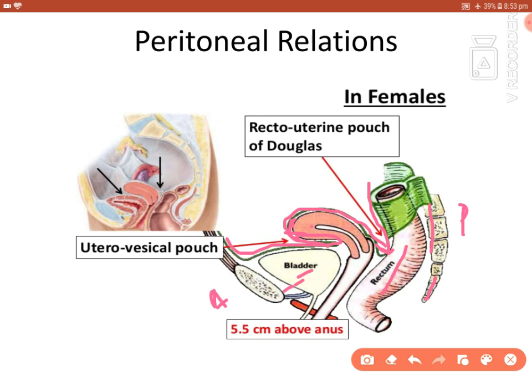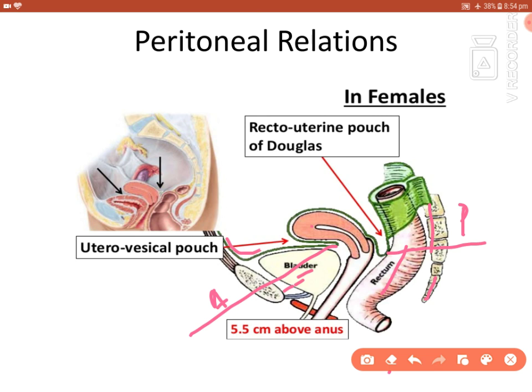So the peritoneal fold in the posterior aspect forms the rectovaginal fold, and in the anterior aspect it forms the vesicouterine fold.